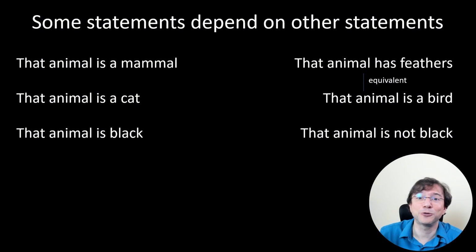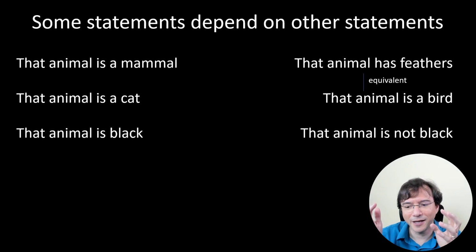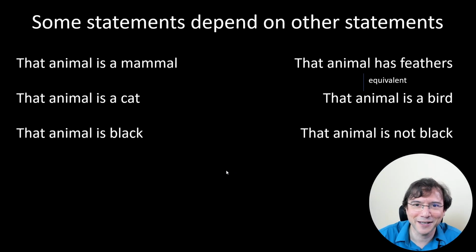If you went to historical times and looked at dinosaurs, some dinosaurs had feathers, so this wouldn't be true. But if we're talking about current animals, it is true. Having feathers is the defining characteristic of birds. So these two statements are equivalent.